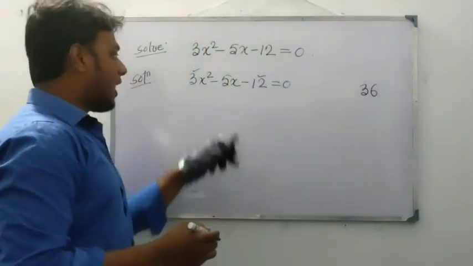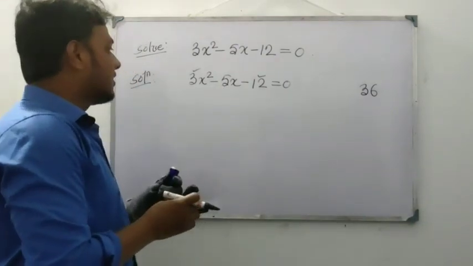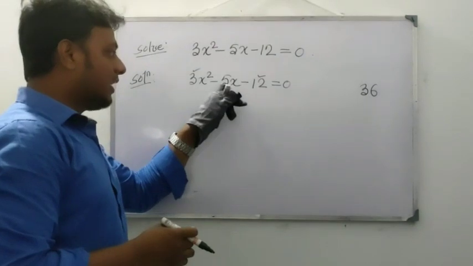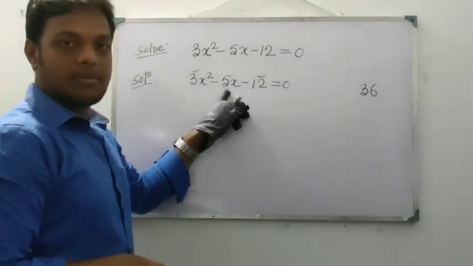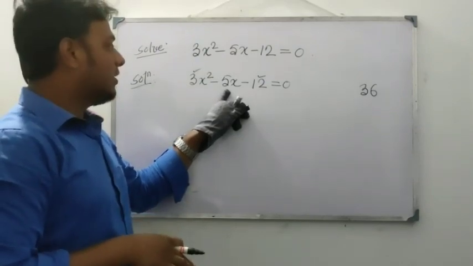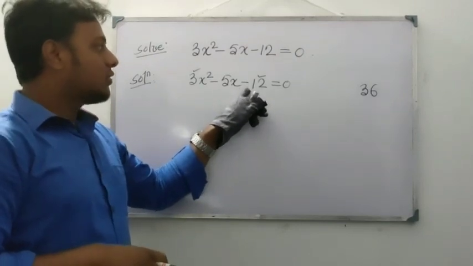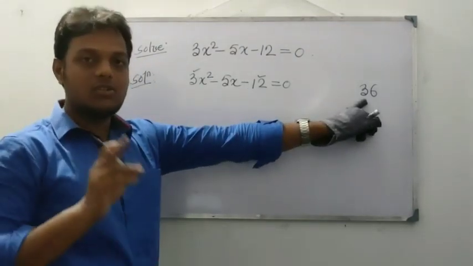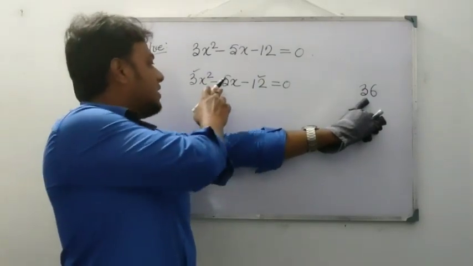You have to match the middle term, which is 5, by addition or by subtraction. That depends on the sign of the last term. The sign of the last term here is negative, so you have to break this 36 into two factors, and by subtraction you have to match this 5.